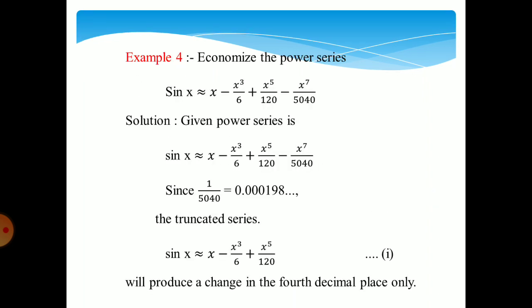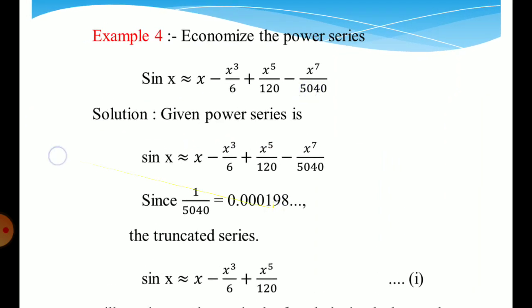For example, this is the fourth example of the chapter. The problem is: economize the power series sin x = x - x^3/6 + x^5/120 - x^7/5040.